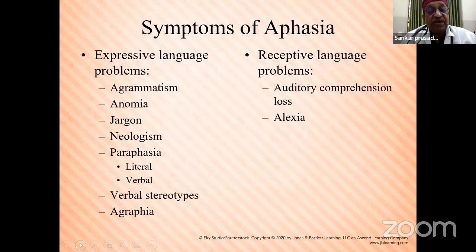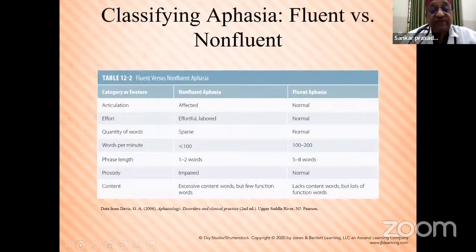Expressive language problems, the symptoms of aphasia, include agrammatism, anomia, jargon, neologisms, paraphasias, literal, verbal stereotypes, agraphias. The receptive language problems are auditory comprehension loss and alexia, that is failure to read.